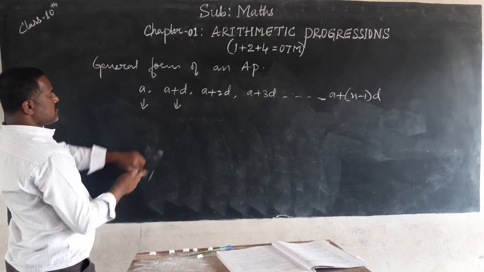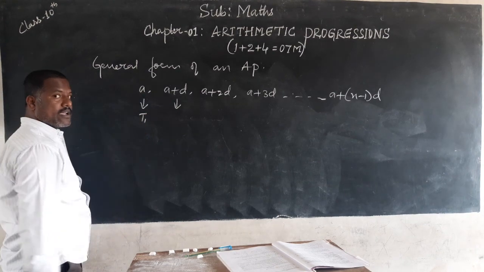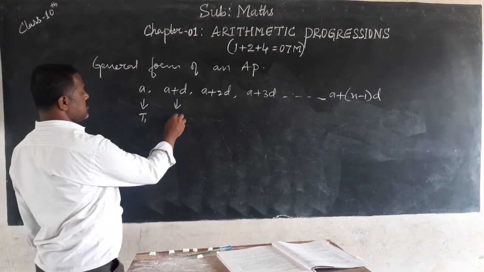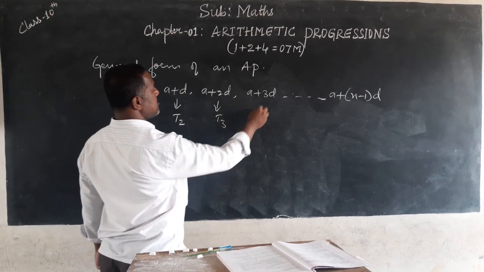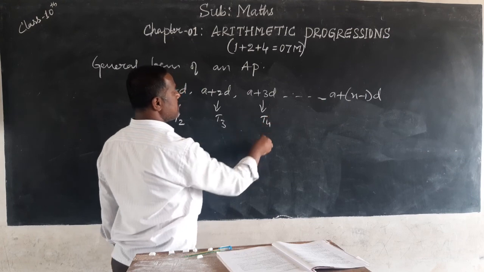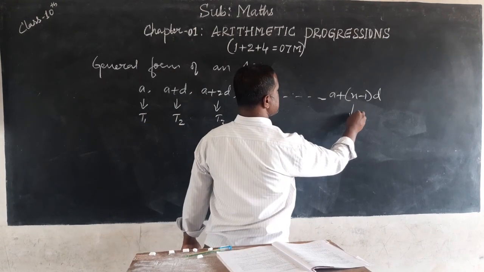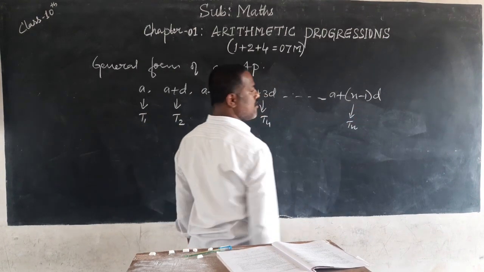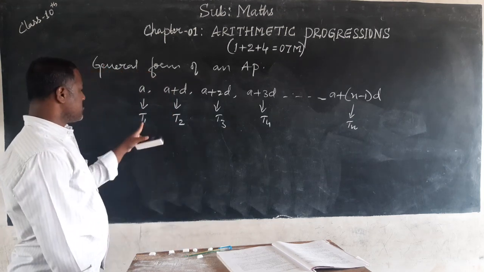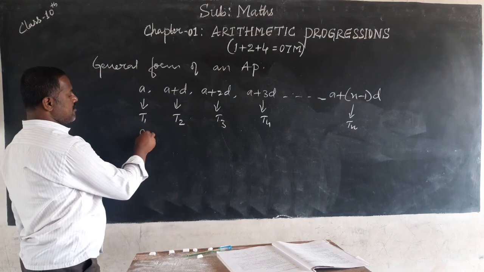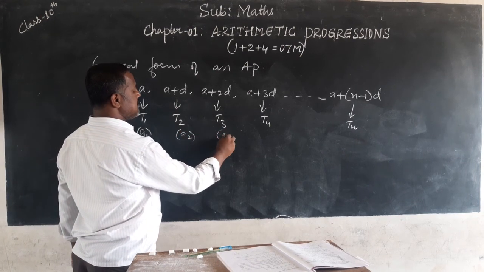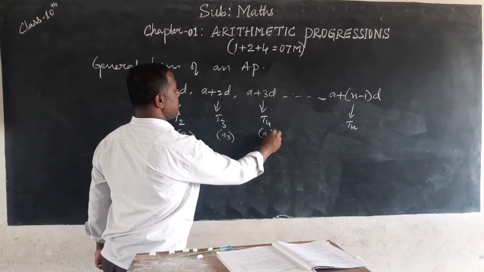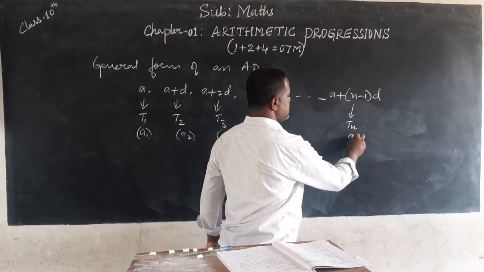I would like to take this as T1, this as T2, T3, T4, and this one as Tn. In your textbook, this is called A1, A2, A3, A4, and this one An.